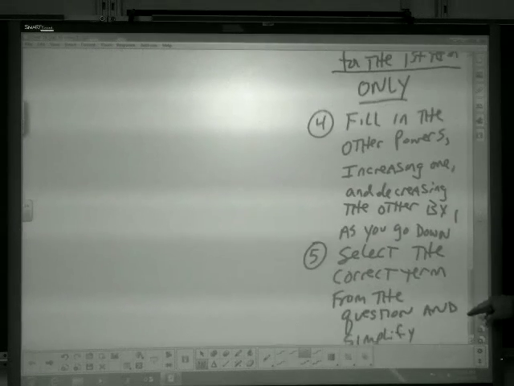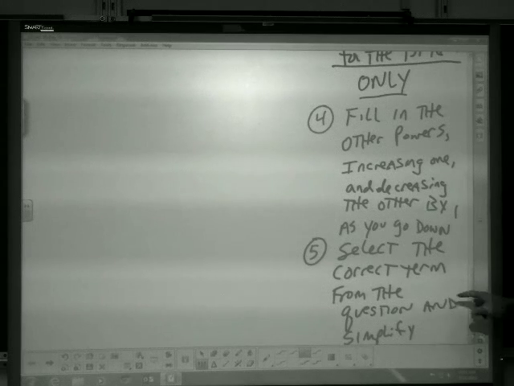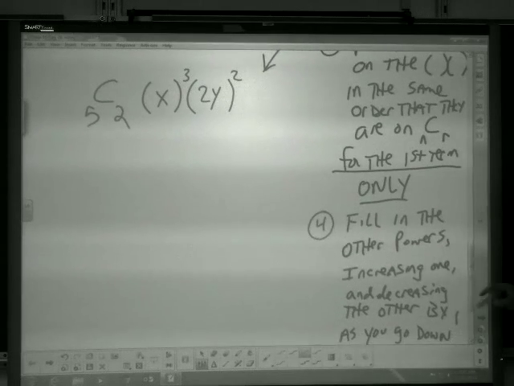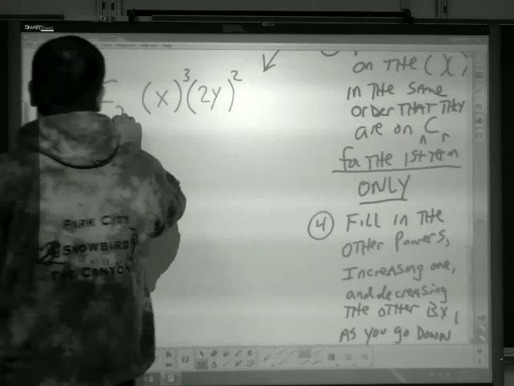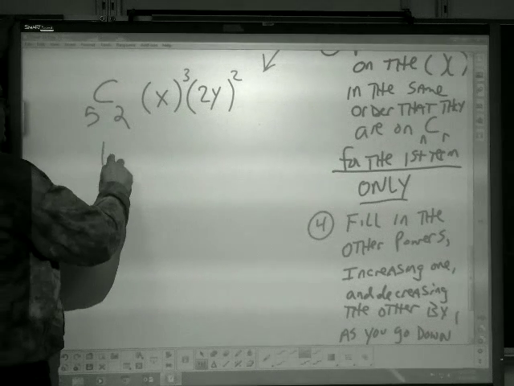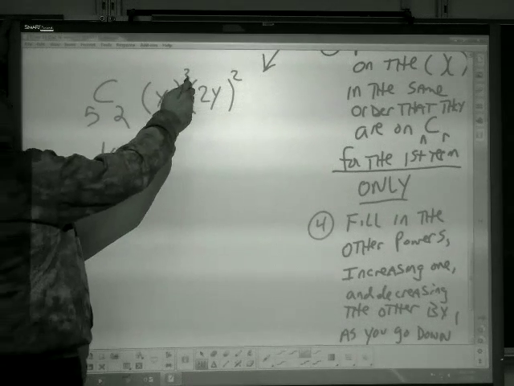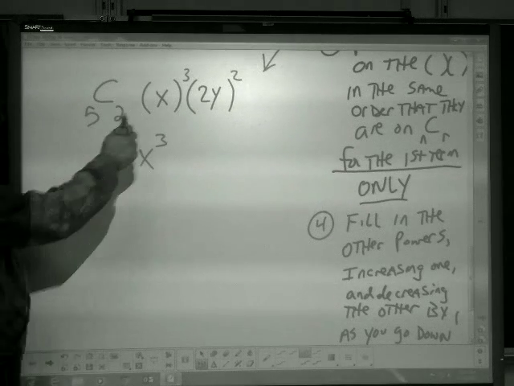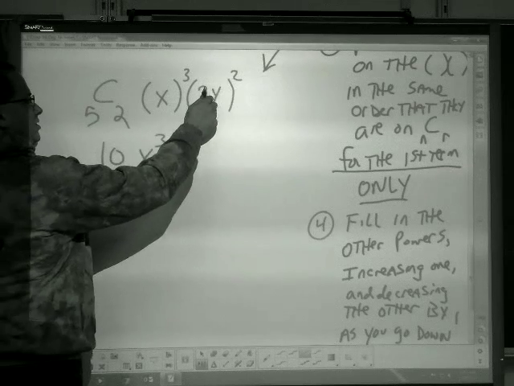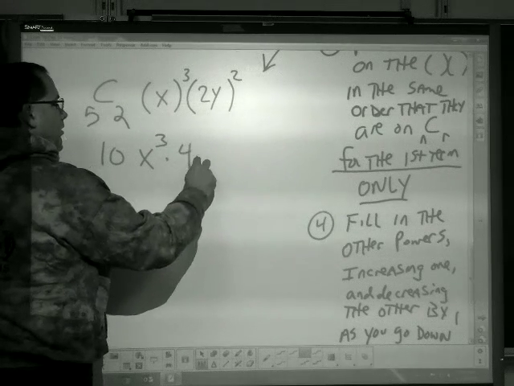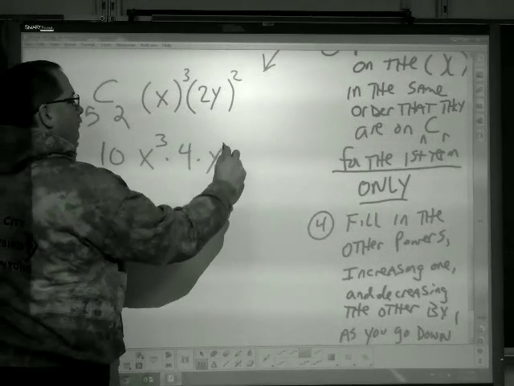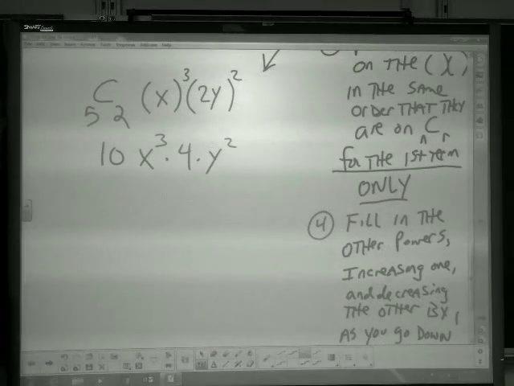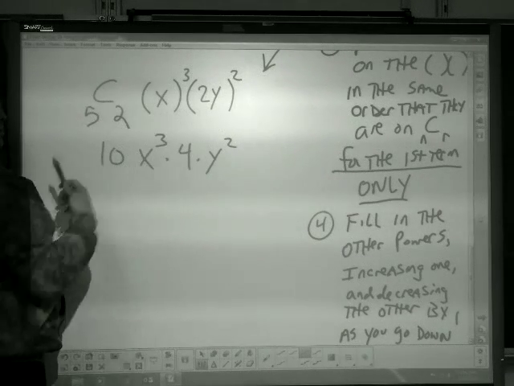So select the correct term and now simplify. All right? So let's simplify. 5C2, that is 10. x to the third power is x to the third power. 2y squared, well that's 2 squared and y squared. Don't forget you have to square both of these pieces, or whatever power it is, you have to do it to that.